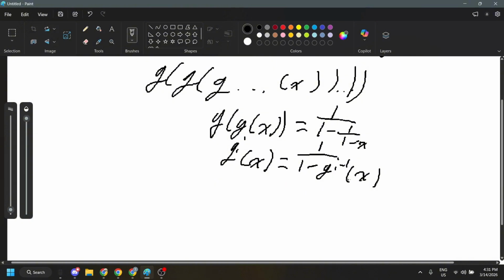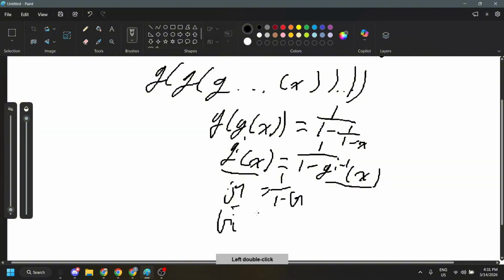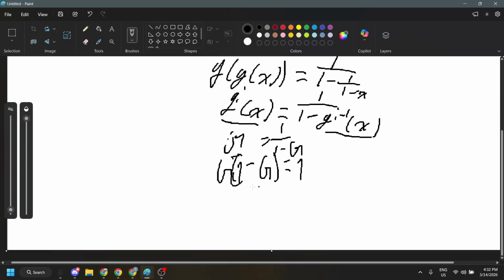If this goes on for infinity, this one and this one are going to be the same. So we just say G equal to 1 over 1 minus G, we get G times 1 minus G is equal to 1. So then we have G minus G squared minus 1 is equal to 0.